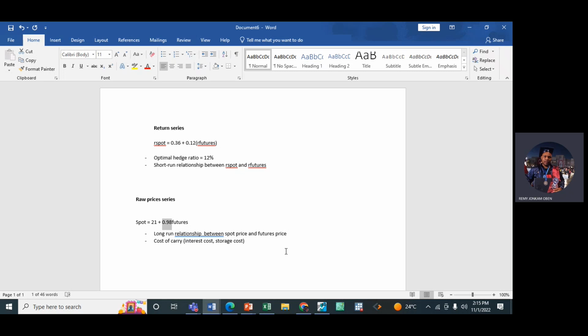It means they are perfectly related, in the sense that if a change occurs in one, it will perfectly affect the other. That is a direct, perfect relationship if it is 1. So 0.98 is almost 1, so we expect it. The spot price has an almost 1-to-1 relationship with the futures price, and these are the kind of things we expect in the derivative market. You expect the spot price to be directly related to the forward price or the futures price.